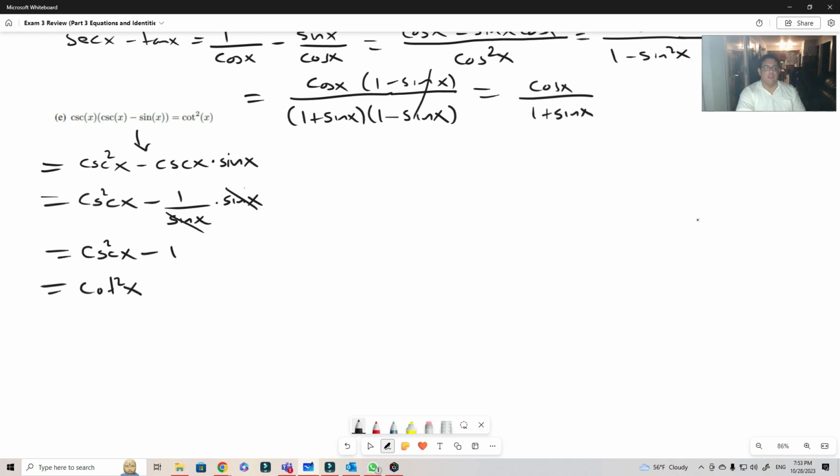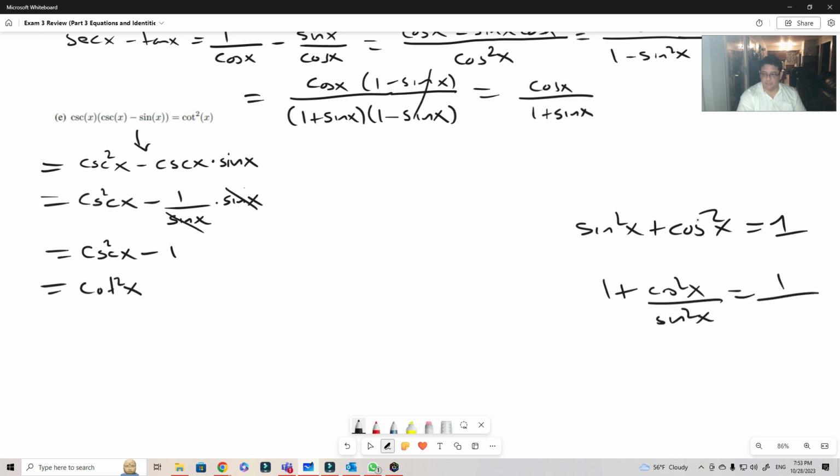Okay. You might be wondering why cosecant square minus 1 is cotangent square, and you have to remember that this comes from the basic identity, sine square plus cosine square equals 1, and then you divide everything by sine square. So sine square divided by sine square is 1, plus cosine square divided by sine square equals 1 over sine square.